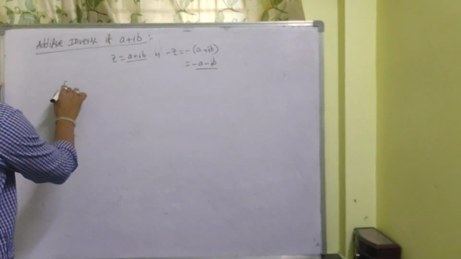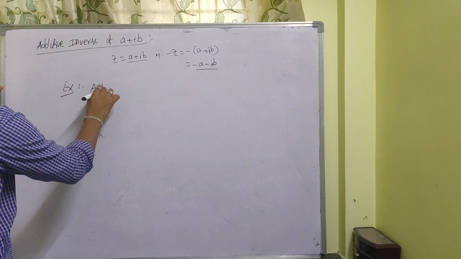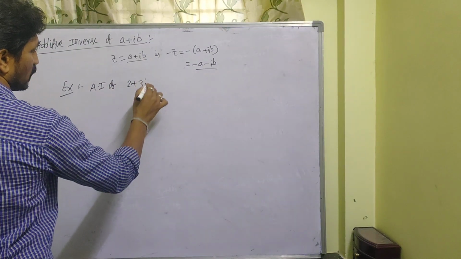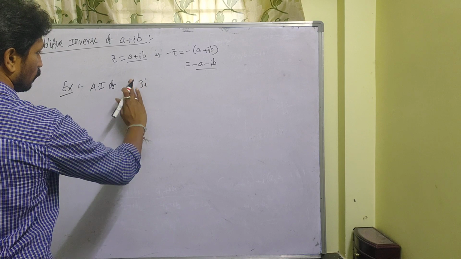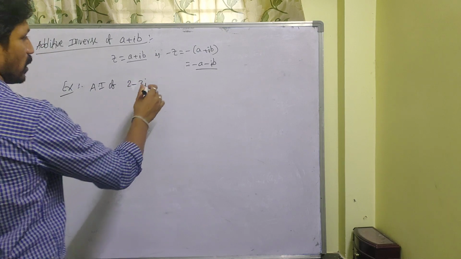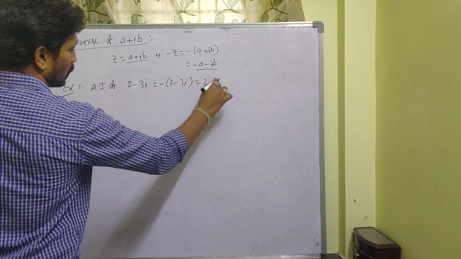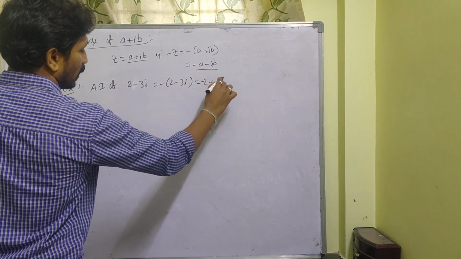See one example here. Suppose 2 plus 3i or 2 minus 3i is there. What is the additive inverse of 2 minus 3i? It is nothing but minus of (2 minus 3i), that is minus 2 plus 3i.